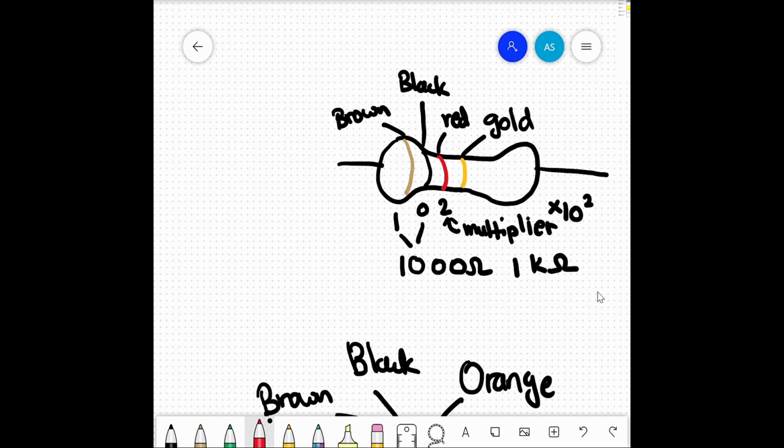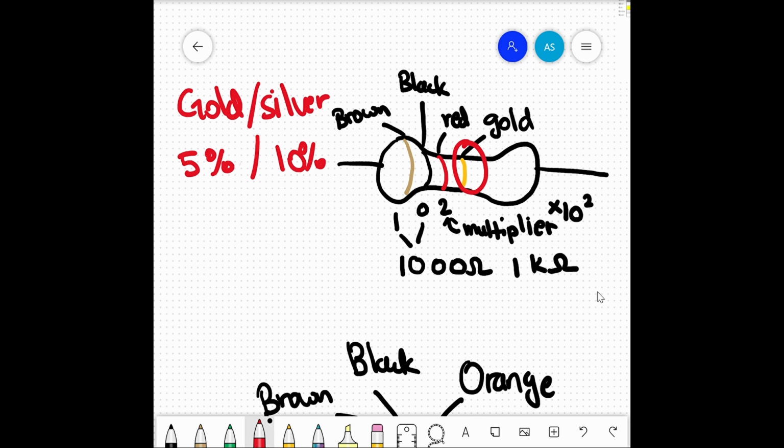Now, let's go back to the 4-banded resistor. You may be wondering, what is the purpose of this last fourth band over here? The fourth band here could either be gold or silver. The gold represents 5% and the silver represents 10%. Now, everything in electronics doesn't always have an exact whole number for its resistance.